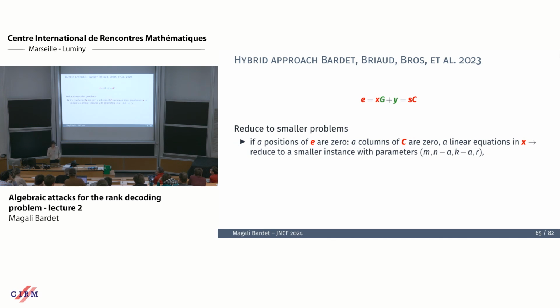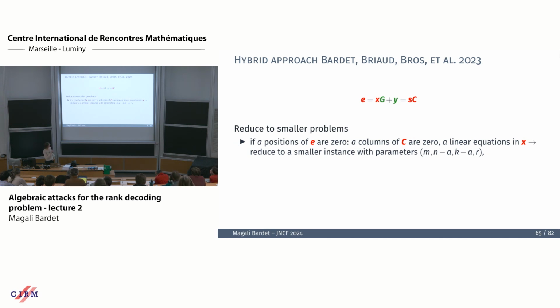Okay, and we can make this remark: if in the vector E I have a positions that are 0 by chance, then it means that a columns in C are 0, because if I take a linear combination of a basis that is 0, then all the coordinates are 0.